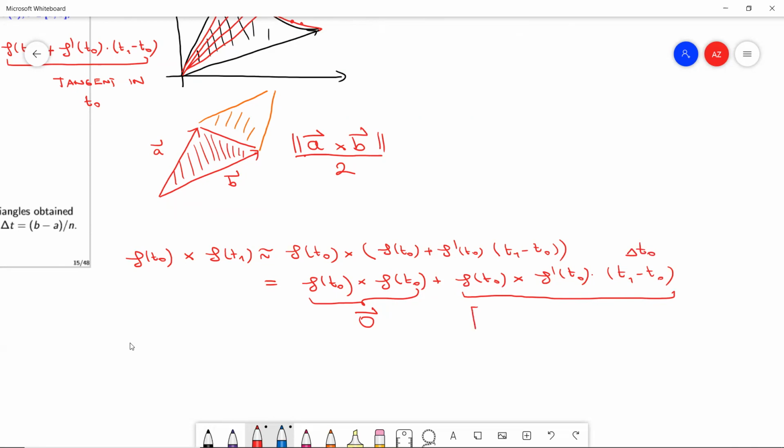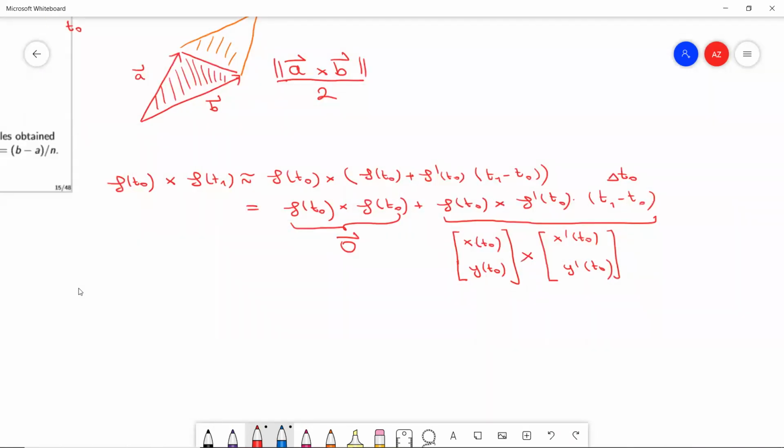Let me just finish the derivation of this formula. F of t naught is x of t naught, y of t naught, and then f prime of t naught is x prime of t naught, and then y prime of t naught. And now you can recall how to compute cross products. In fact, for the cross product of those two vectors, we can regard the third coordinate as 0.